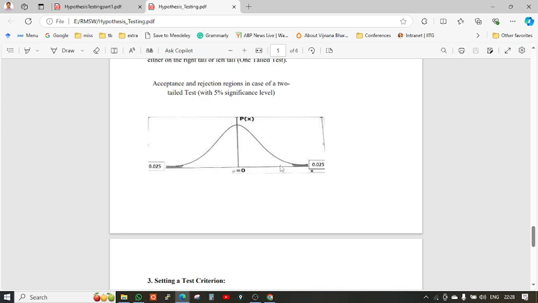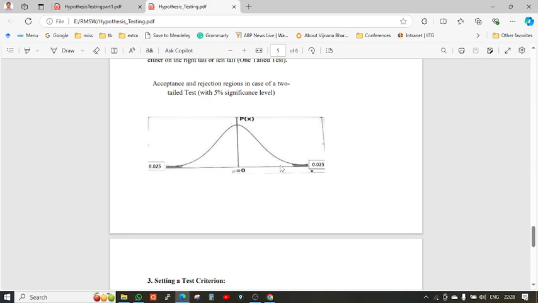For x minus 3 sigma, x minus 2 sigma, or x minus sigma, plus or minus 3 sigma is the highest range, covering up to 99.5% of all data within the normal curve. The remaining 0.5%, which lies at the two ends of the normal curve, is what we call the rejection region.